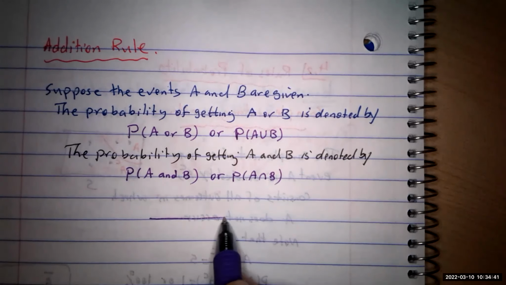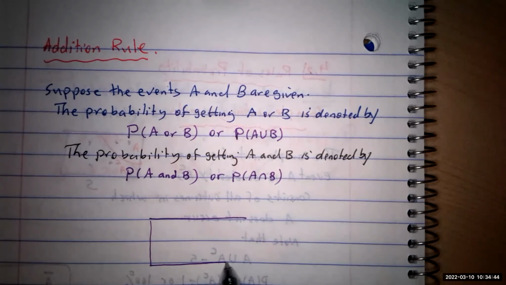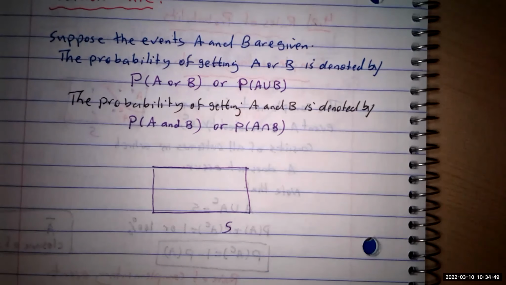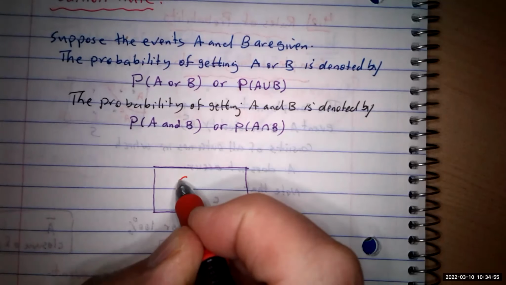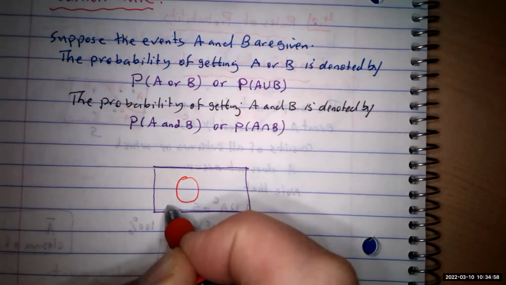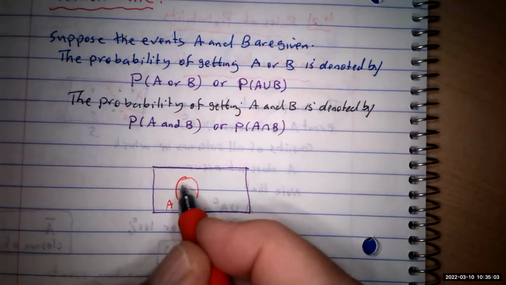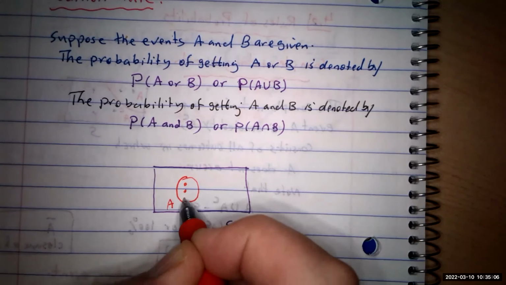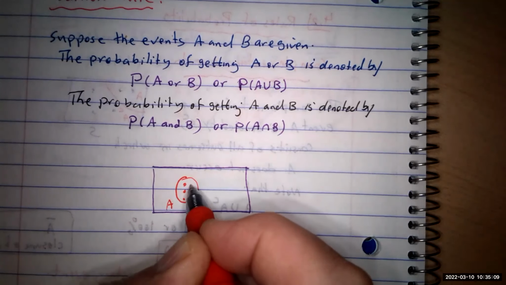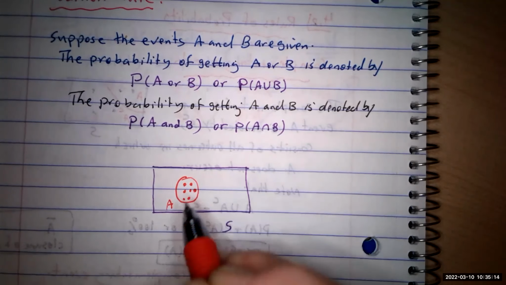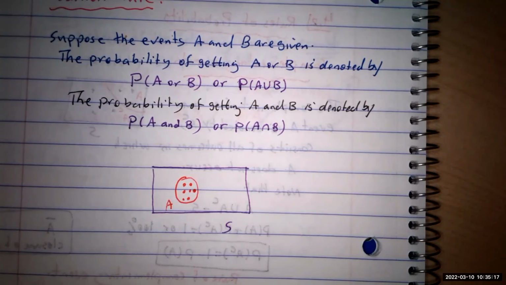Suppose this is a sample space S. What I'm going to do is pick A and B. Suppose this is A, and there are some outcomes in A: 1, 2, 3, and 1, 2, 3, and there's one here. So these are the outcomes in A.